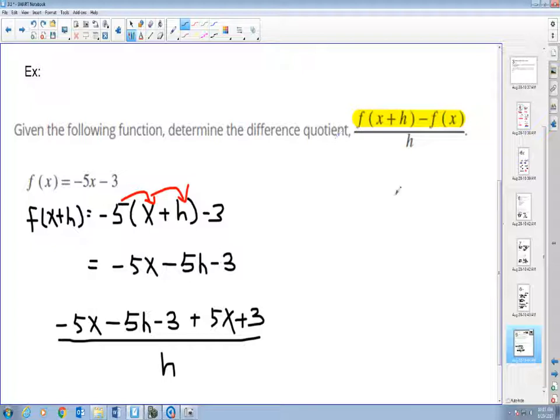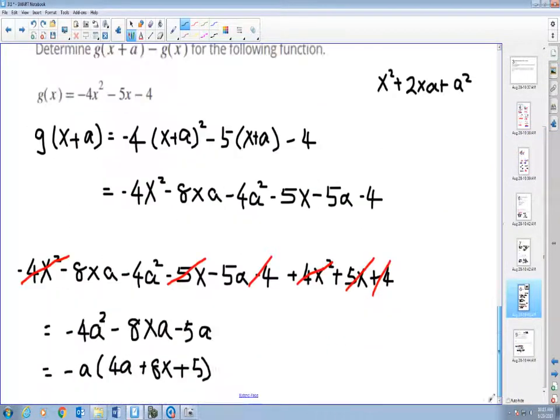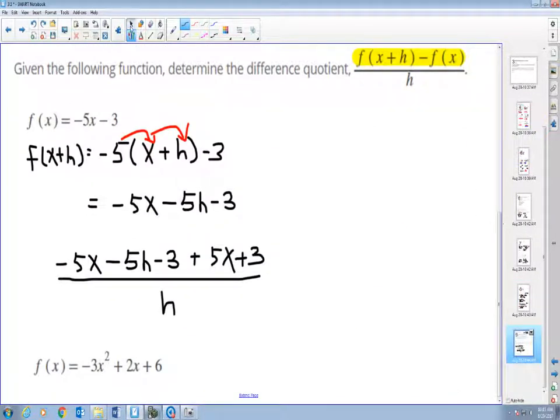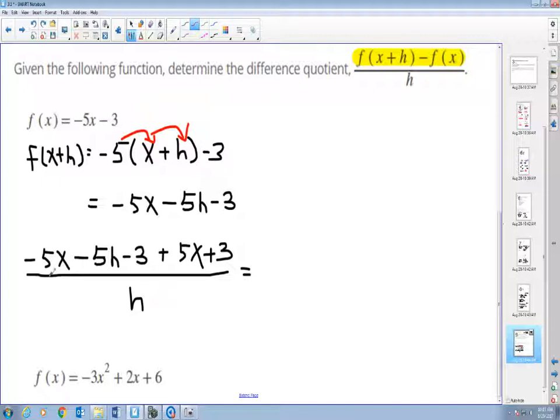Now the difference between here versus the previous one we just did is I didn't have an h in the bottom. So all I'm going to do now is simplify my numerator like I did earlier. Let's see what happens.